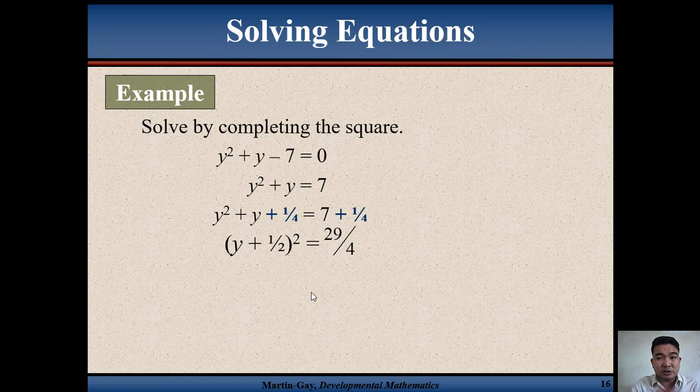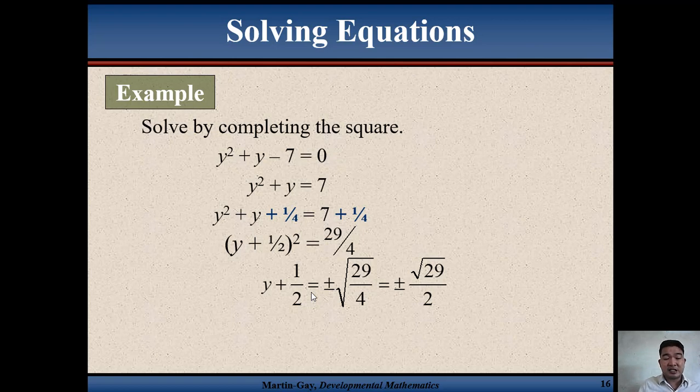And then we move back to the square root property. We extract the square root of both sides of the equation. So you will be having y plus 1/2 is equal to plus or minus the square root of 29 over 4. And this is equal to plus or minus the square root of 29 over 2, since 4 is a perfect square and 29 is not.